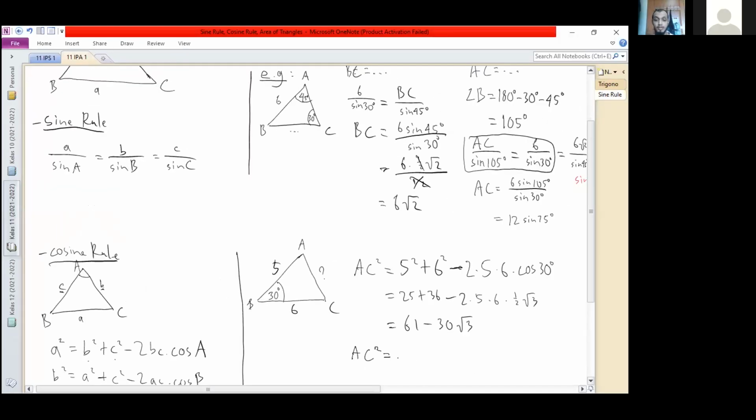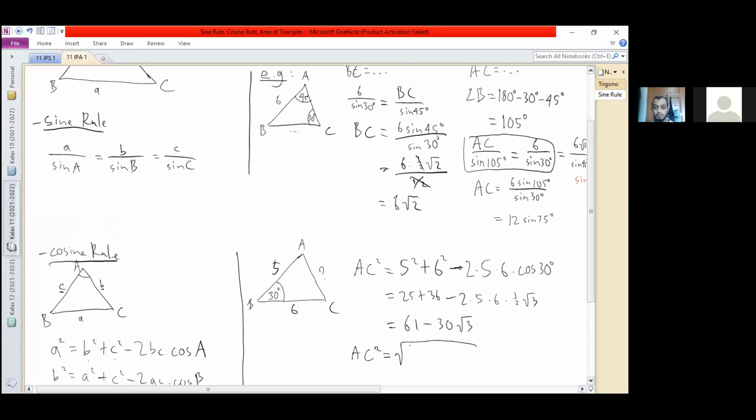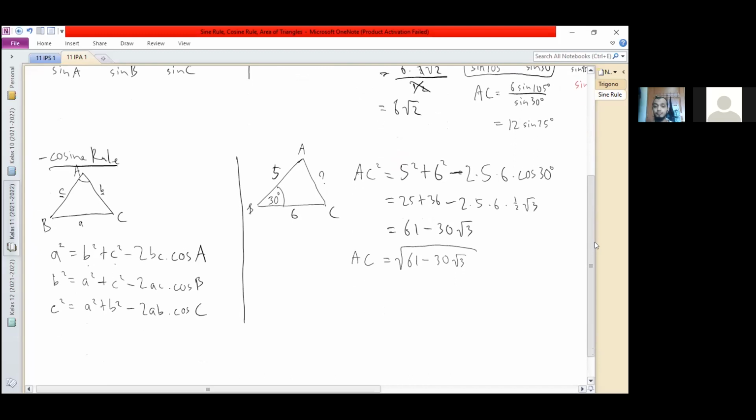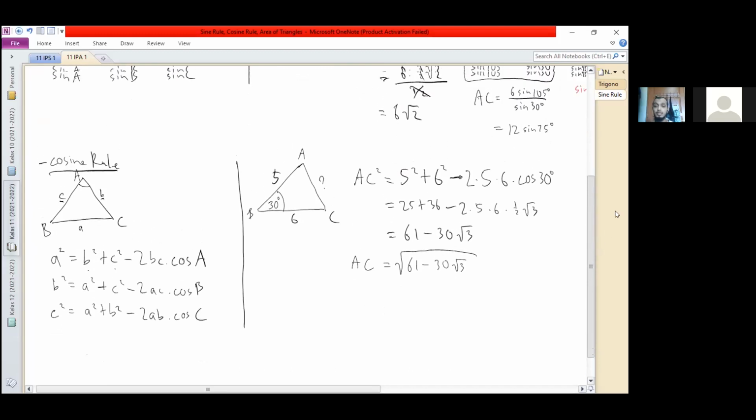So it is 61 minus 30 square root of 3, all under the square root. This is as far as you can get, but at least using the sine rule we can get nowhere, while using the cosine rule we can get this. We can find the value by using a calculator. So that is one example.